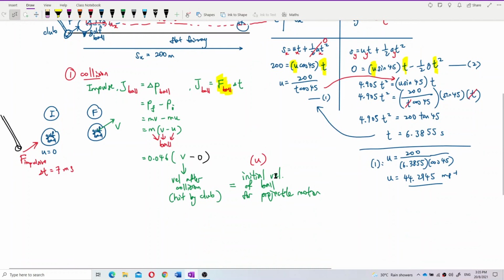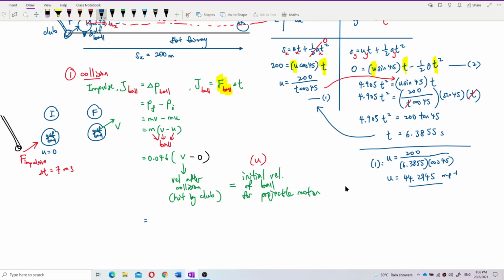The initial velocity of the ball for projectile motion is actually the velocity of the golf ball after collision, after being hit by the club. So we got the v already.